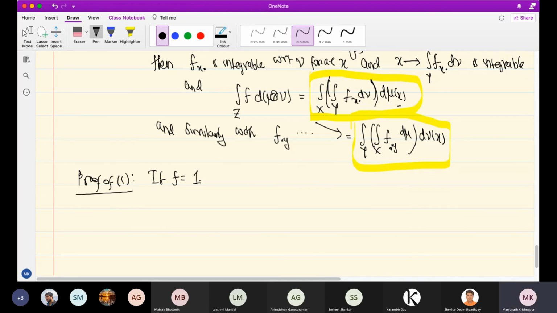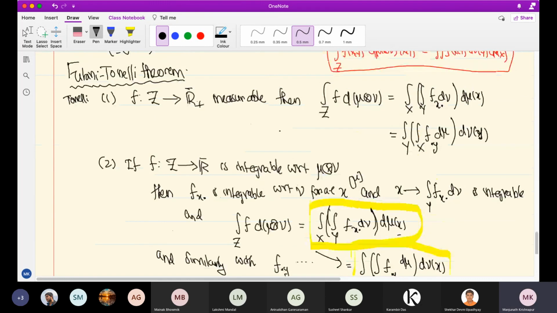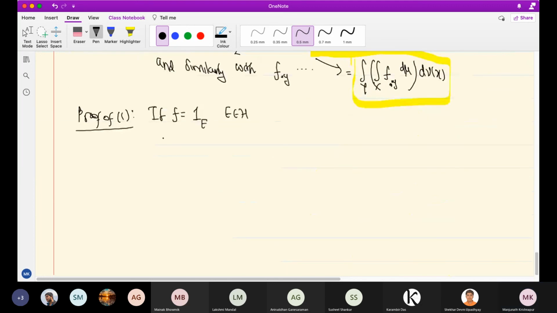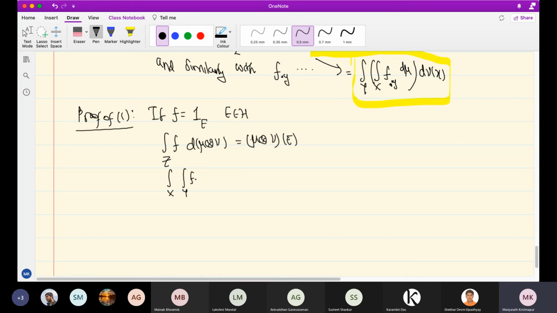So if f is the indicator of some E in the product sigma-algebra, then what is the integral of f? It is just the product measure of E. And what is the integral over x, integral over y, f x dot d nu, d mu of x?